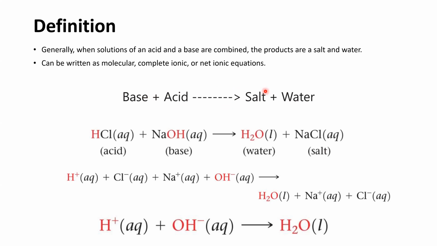But right now we are just writing the forward reaction, which in chemical terminology is an irreversible reaction. So in a general reaction, neutralization is when the acid and base combine and give you a salt and water as products.